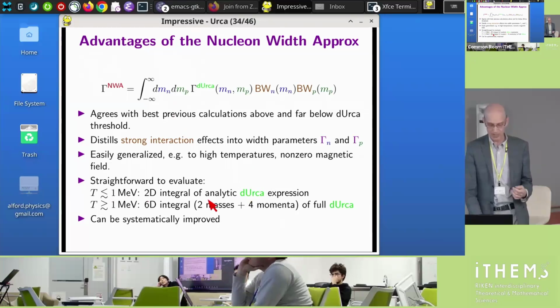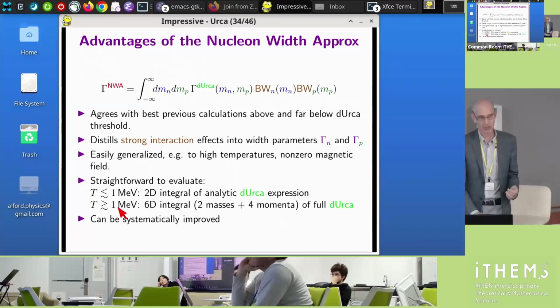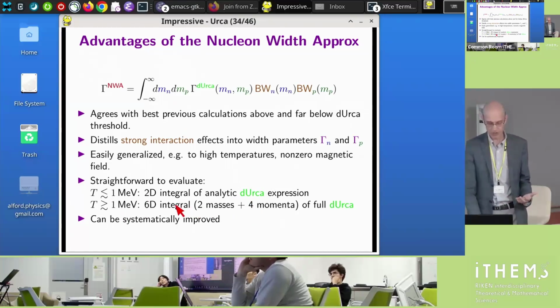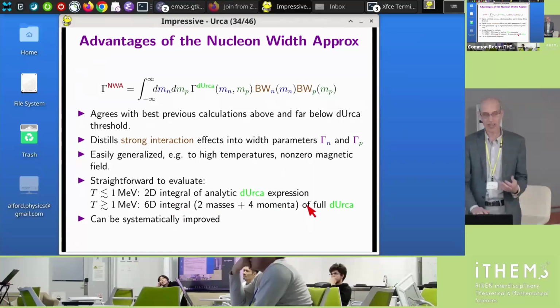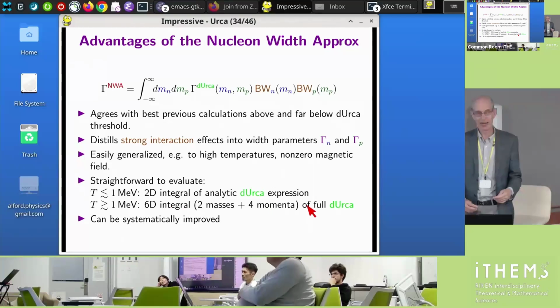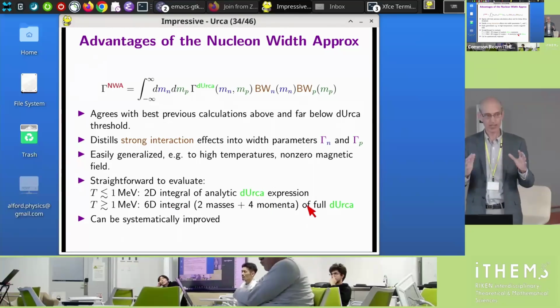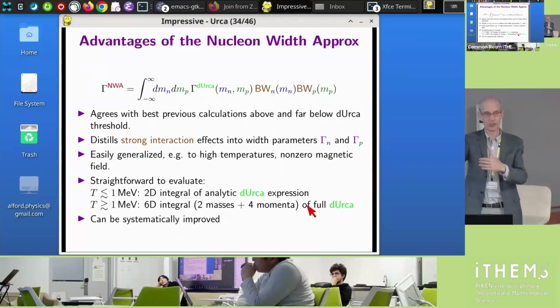But even if you want to do it at higher temperatures, where you can't reduce the direct Urca rate to an analytic expression, it's just those four momenta that you integrate over in direct Urca combined with these two mass integrals. It's a six-dimensional integral, and the integrand is pretty well behaved. It's a rate, so it's positive everywhere, and it's got a definite region of support, right? It doesn't have a little island somewhere where it's zero in between, and then some contribution somewhere else where it's non-zero.